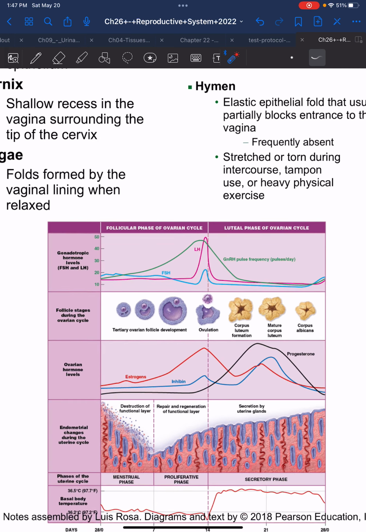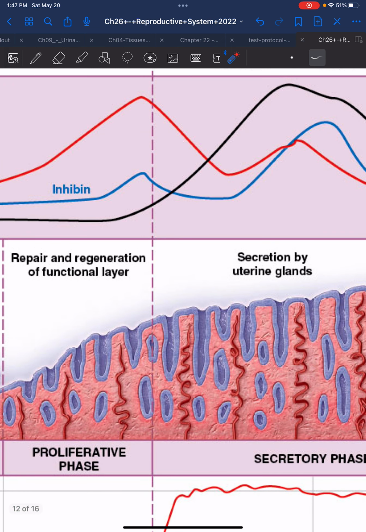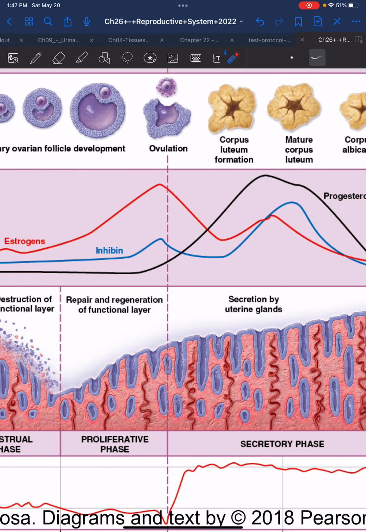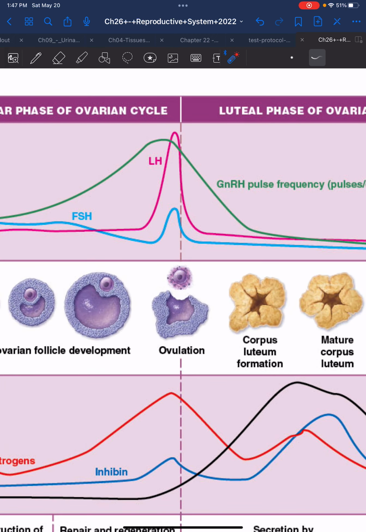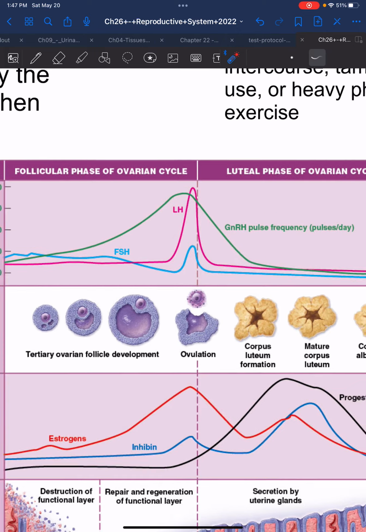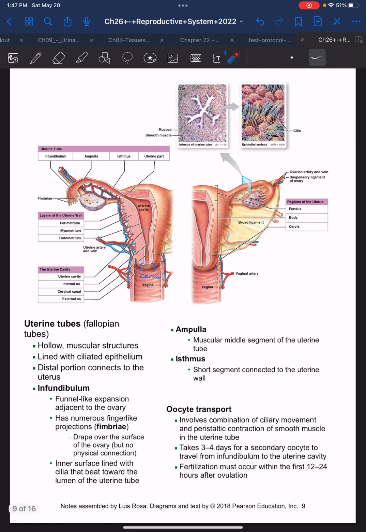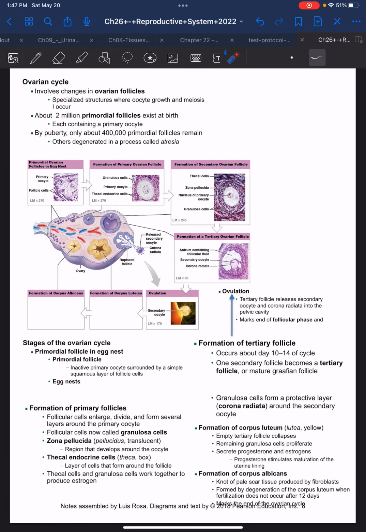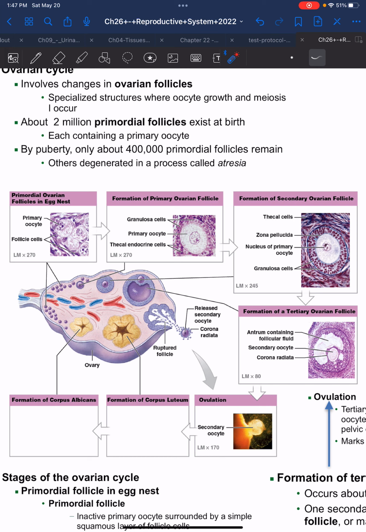And then eventually, during ovulation, why is ovulation so special? Let's follow our dashed line, and you'll see day 15. This is an average, right? So 14, 15. And the egg is finally being released. What does that mean for us? That means the egg is being released from the ovary. So if we're back here, this is the same picture of what you just saw, just made much more simple.